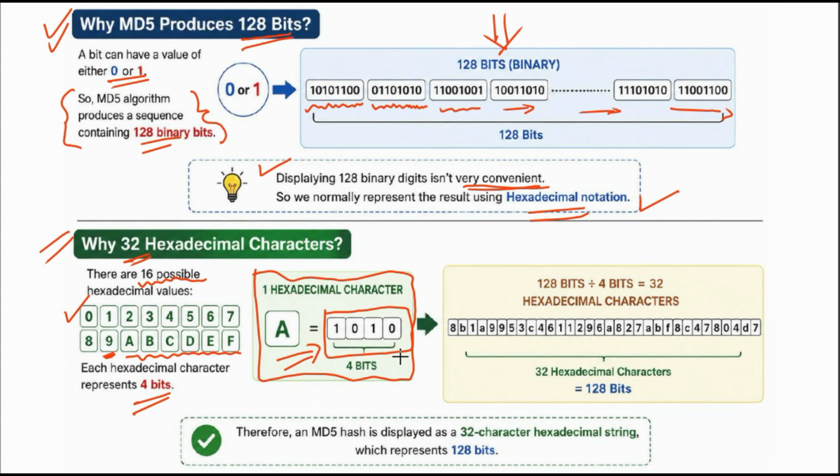A means 10. Since each hexadecimal character represents 4 bits, therefore 128 bits divided by 4 bits is equal to 32 hexadecimal characters. That's why an MD5 hash is normally displayed as a 32 character hexadecimal string.